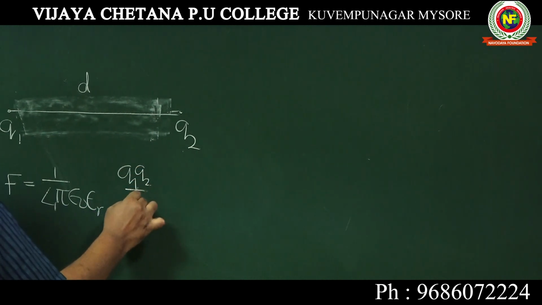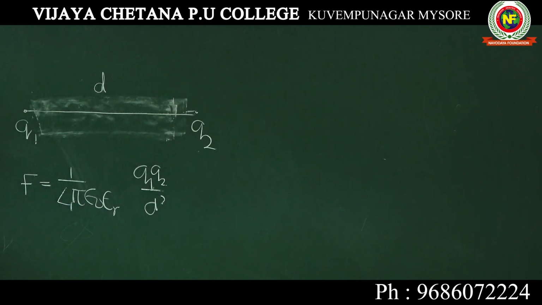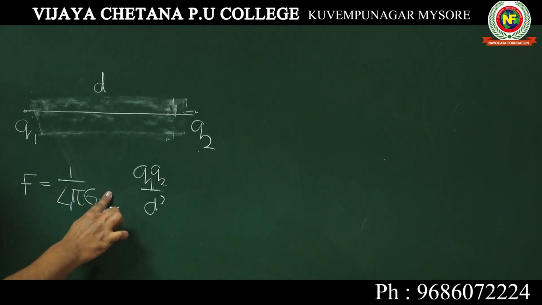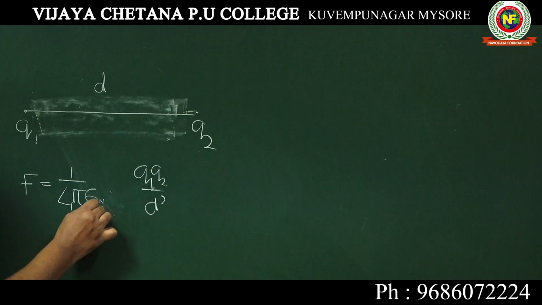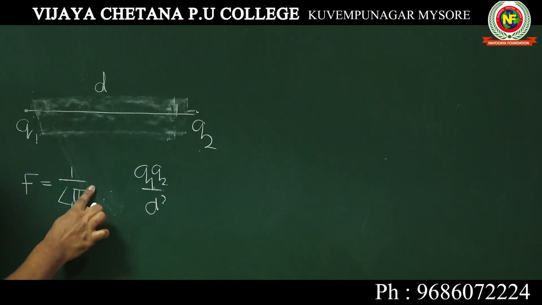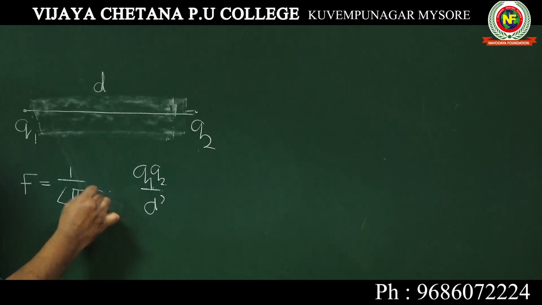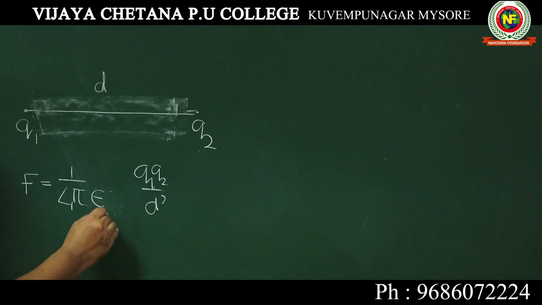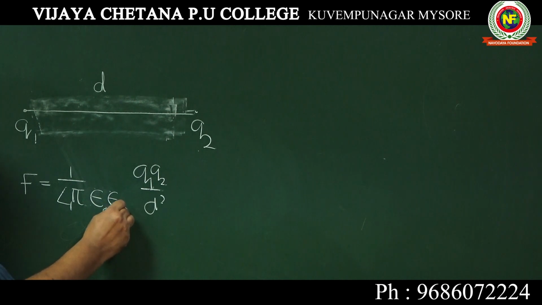Earlier I told you that in vacuum we write epsilon naught. In any other medium we simply write epsilon. But the same epsilon is here expressed as epsilon naught into epsilon r, where epsilon r is called relative permittivity.